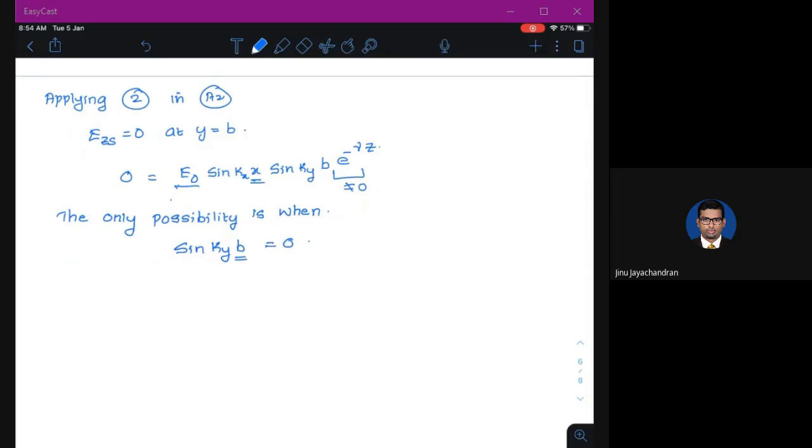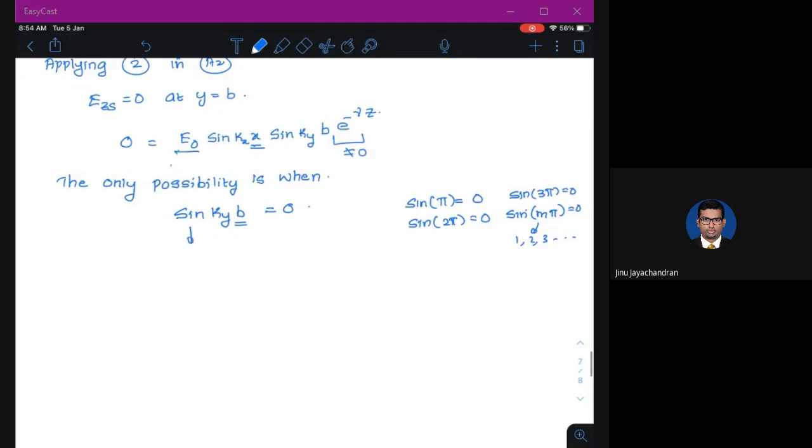Because b is a constant, whenever the sine argument is a multiple of pi, sine is 0. For example, sin pi is 0, sin 2 pi is 0, sin 3 pi is 0, or in general sin m pi is 0, where m can be 1, 2, 3, etc. So ky into b should be an integral multiple of pi.